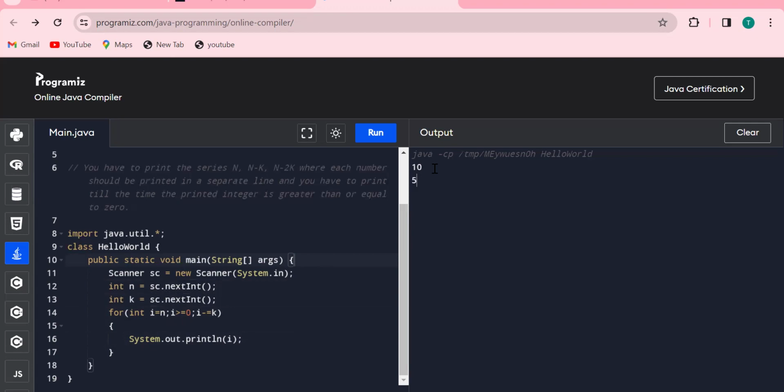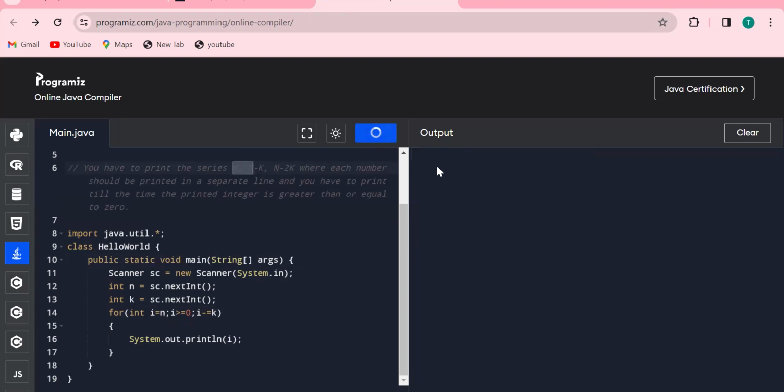So each time it is the series n minus k, n minus 2k values. Let's run this program again.